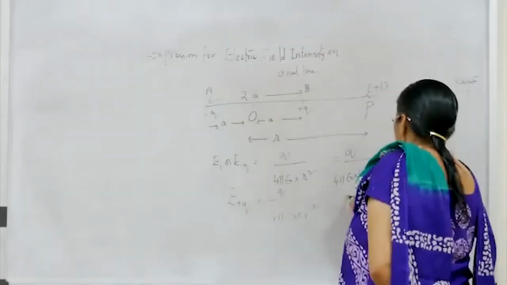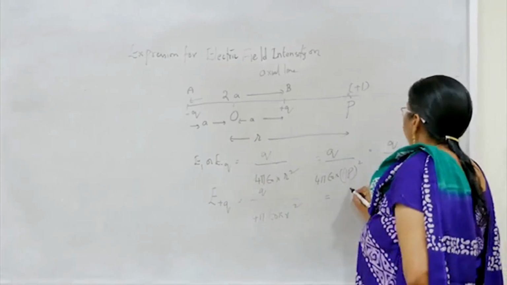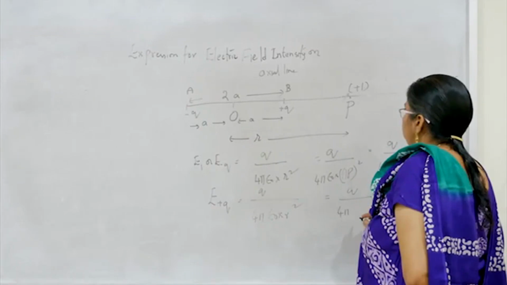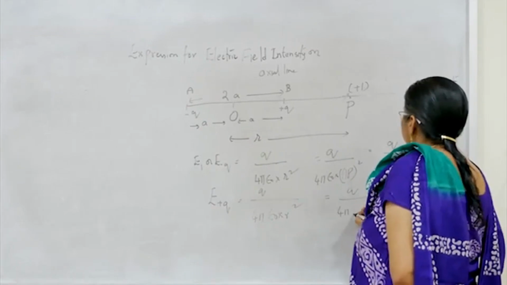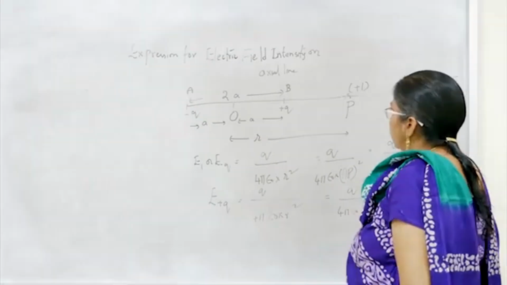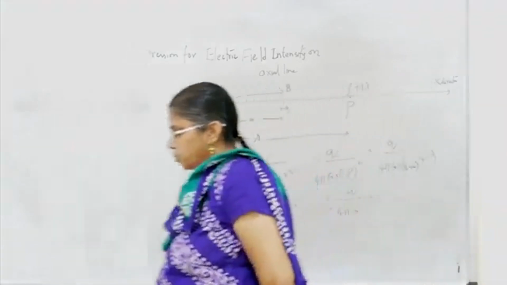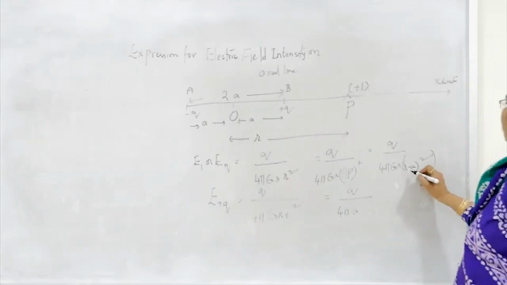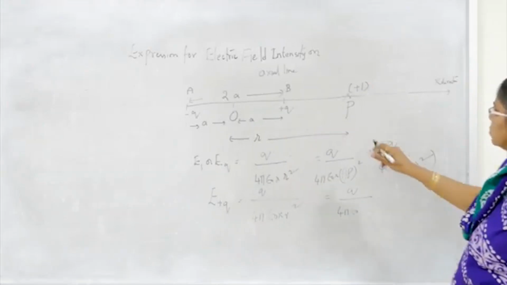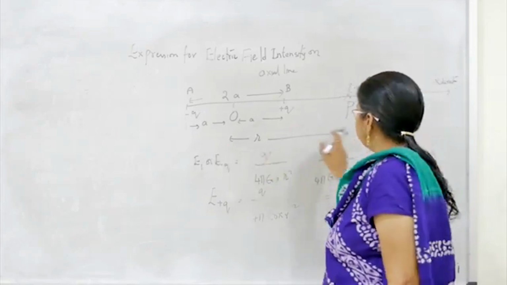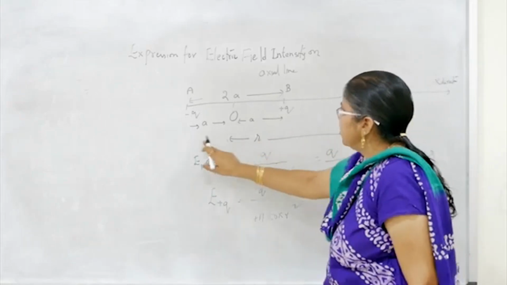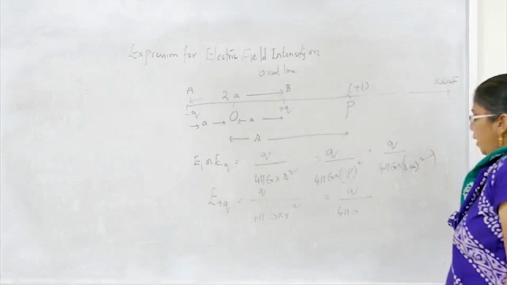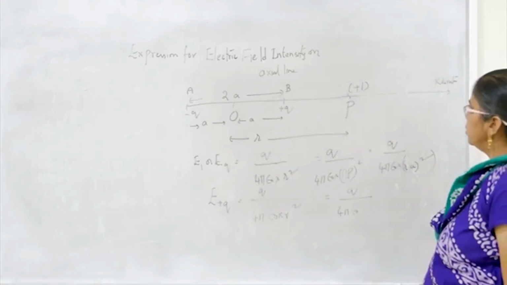So this becomes Q by 4 pi epsilon 0, and this becomes R plus A whole square, because this is R and this is A. So AP square means R plus A whole square, and Q by 4 pi epsilon 0.